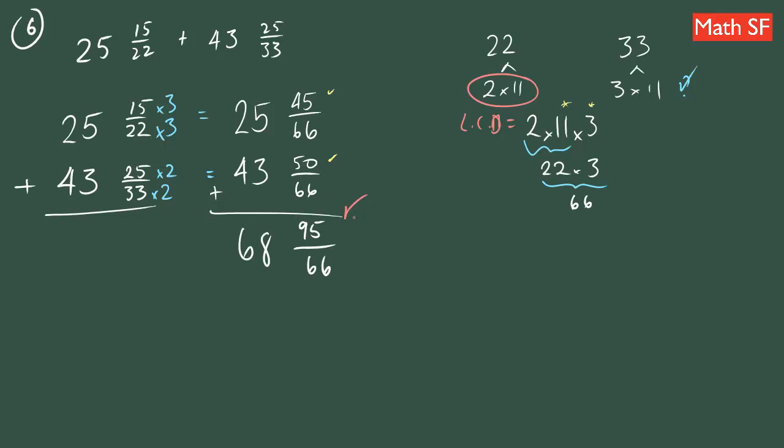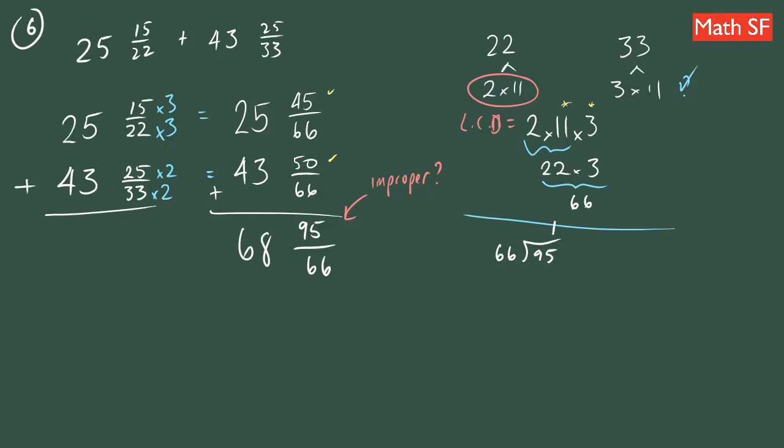However, our answer must be simplified. The first thing you want to check is, is this an improper fraction? Yes. If it's improper, then I must change it to a mixed numeral. Let's see how I can reduce that. I'm going to do this division: 66 divided into 95.